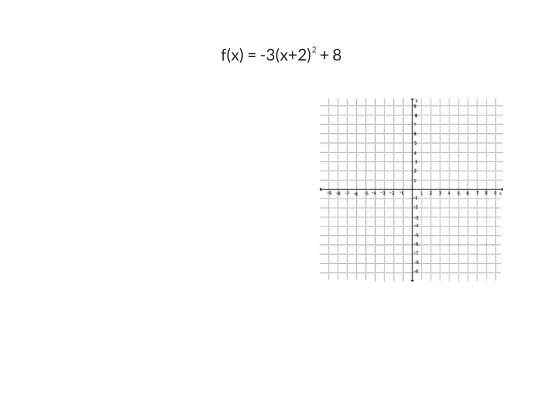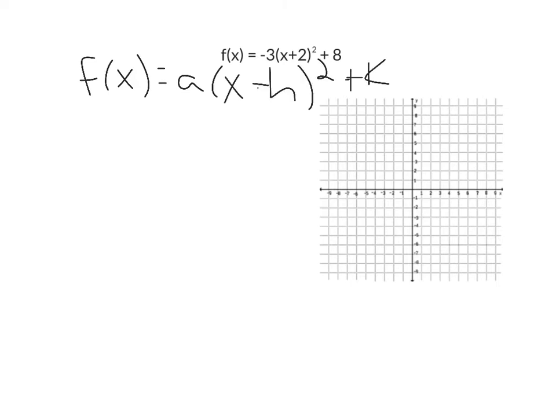In vertex form, the equation is f(x) = a(x - h)² + k. I'm always supposed to be subtracting h, but in our example we are adding. If I see addition, then that means that I was really subtracting a negative.